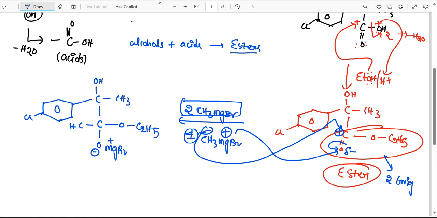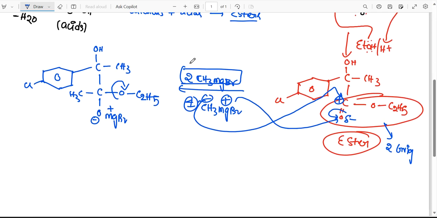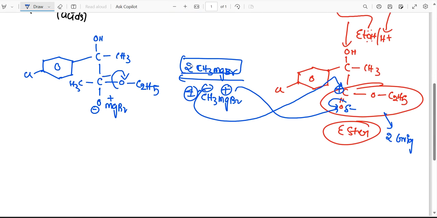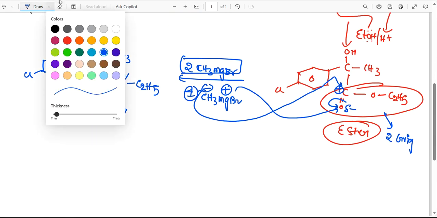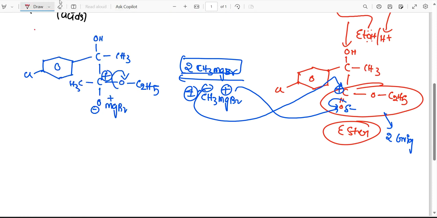Here CH3 group. If this is the carbon oxygen bond, we observe that oxygen having the electronegativity, that's why this bond between carbon and oxygen is shifted towards the oxygen side. So here again having the positive charge. That means carbocation is produced. So now let us try to use the second one.